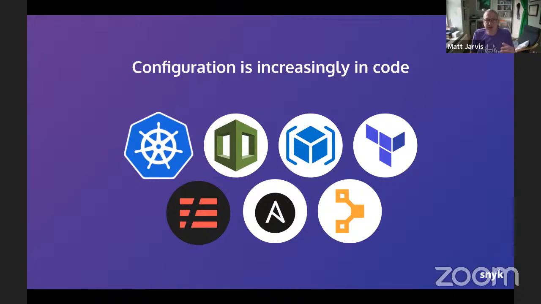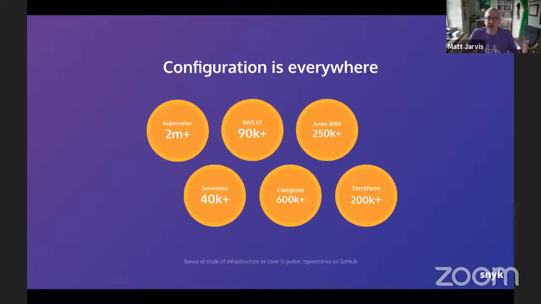And by configuration, we can include all of our Kubernetes YAML files, things like Helm charts, any automation that we're using, things like Terraform, and all the policies and configuration that goes alongside that. And this is a hugely growing field, as we can see from the amounts of this kind of code that's in GitHub, in public repos in GitHub now. And I think we're really only just starting to view that as something we need to consider from a security perspective.